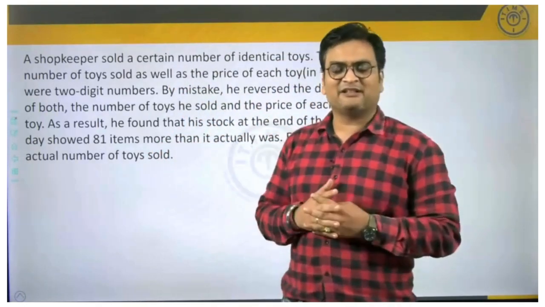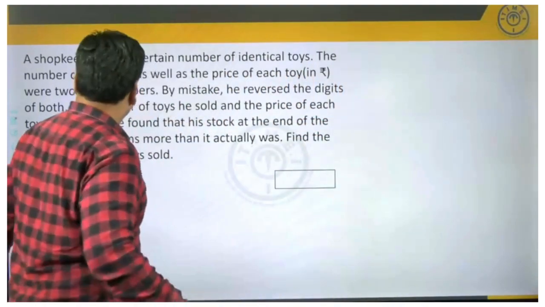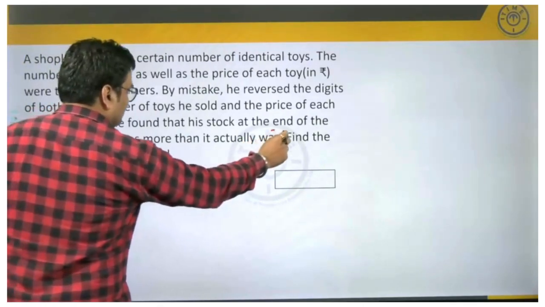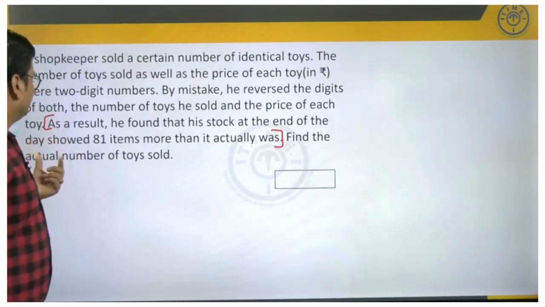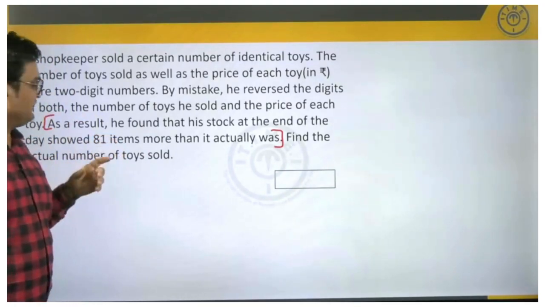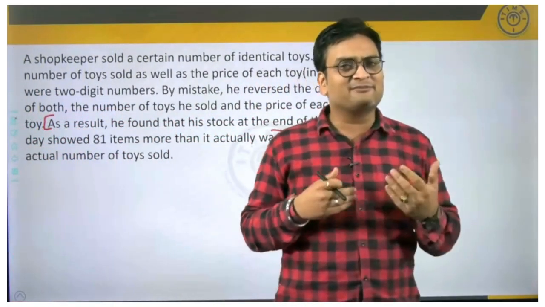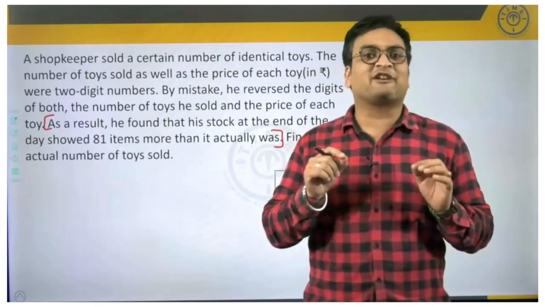Now please understand one thing, focus on the last part here. As a result, he found that, focus on this part. What does it mean? He found that his stock at the end of the day showed 81 items more than it actually was. Now, why is it showing 81 items more? Why is there a mistake? Because his inputs were wrong.